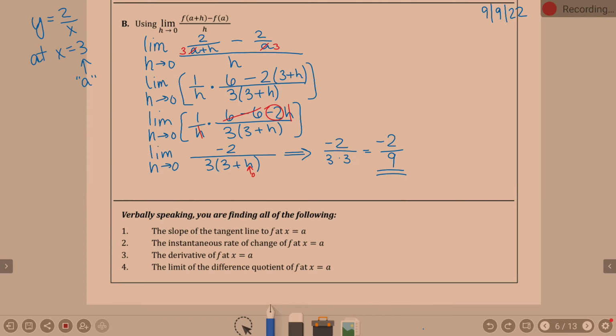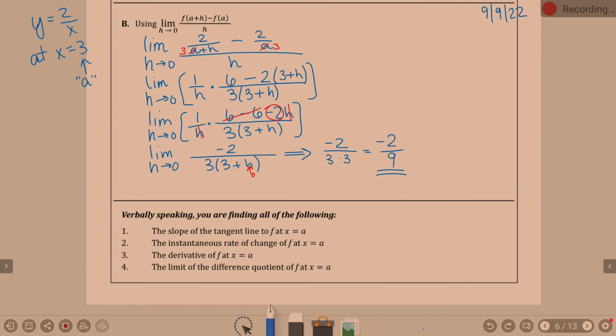So were we supposed to get the same answer for both part A and part B? Yes, we are supposed to get the same answer because both of these are forms of the derivative. And the derivative of a function is not a changing thing. It is always a consistent thing.